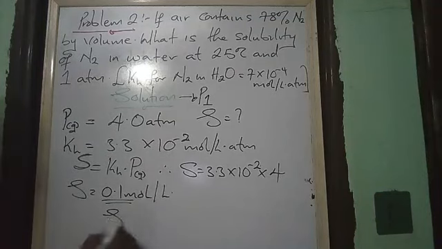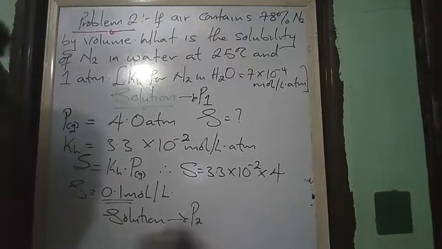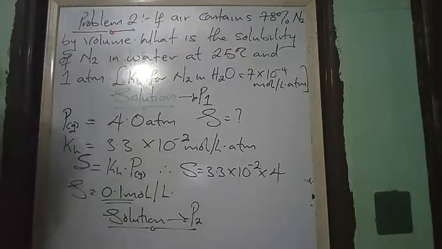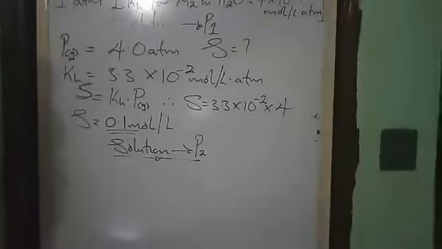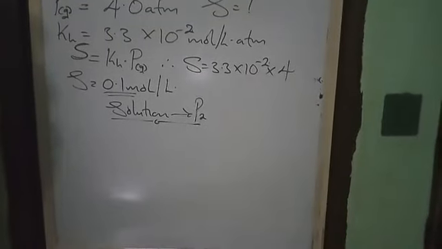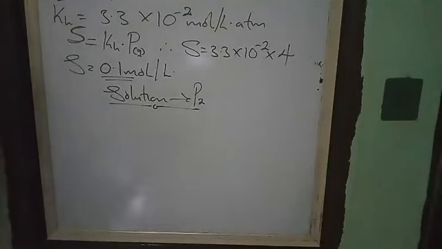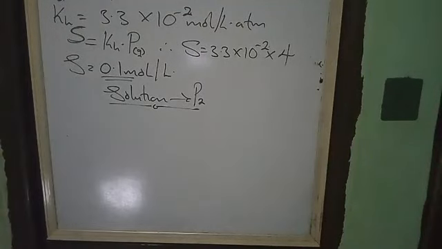So let's go to solution to problem 2. I believe we've written down the question for problem 2. It said if air contains 78% N2 by volume, what is the solubility?